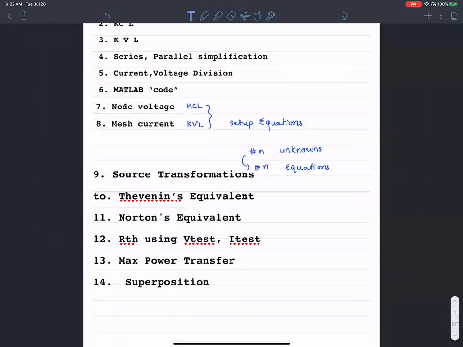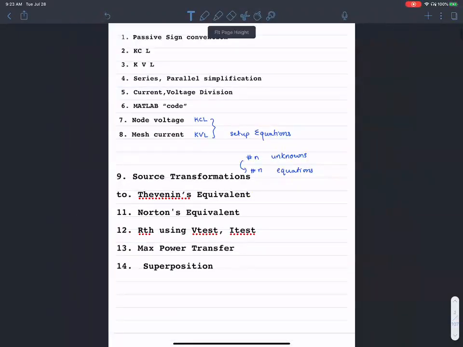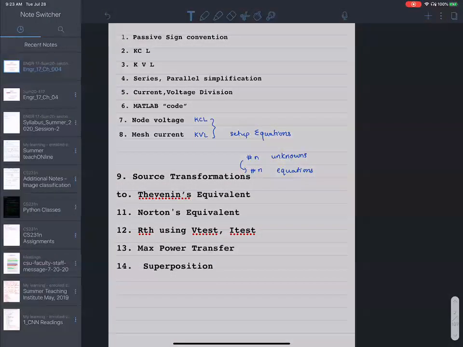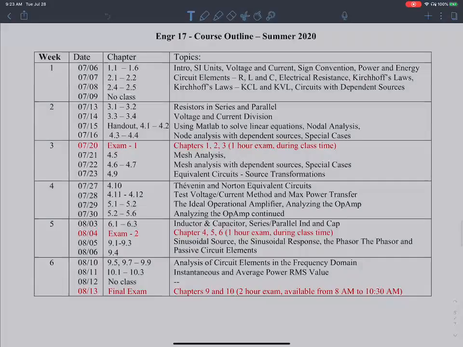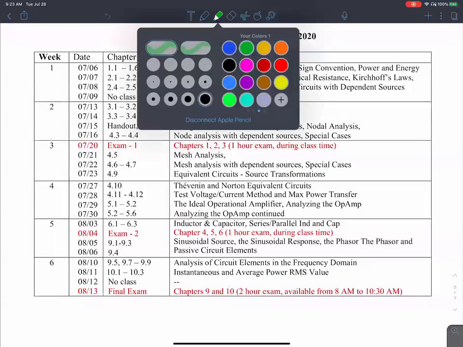Okay, so I want to leave it as an exercise for you to read through this chapter, read through number 13 and 14. I did talk about this in principle, but I do want you to spend some time going through them, going through some example problems.